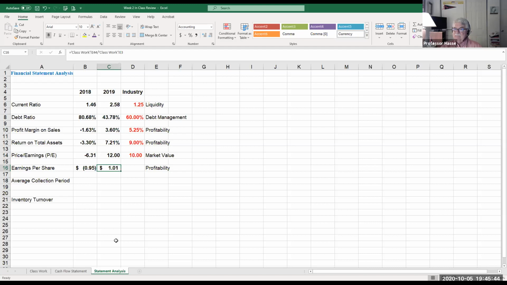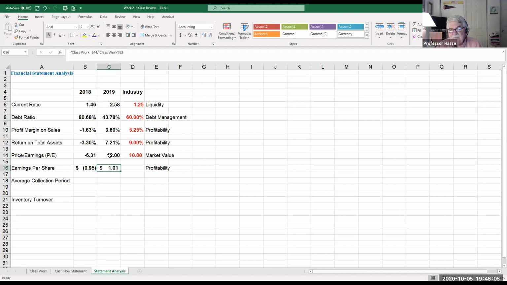Now in the market, if I was an investor, and we'll talk about this next week, I want to invest in a stock that has a low PE ratio. The relationship of the stock price to the earnings is low. In other words, the stock is undervalued. It has room to grow. So why not, I should buy it? It's cheap.